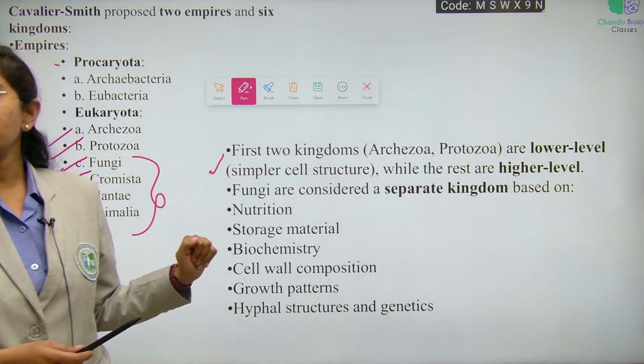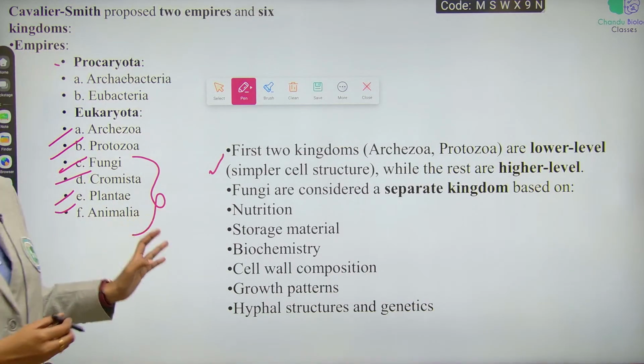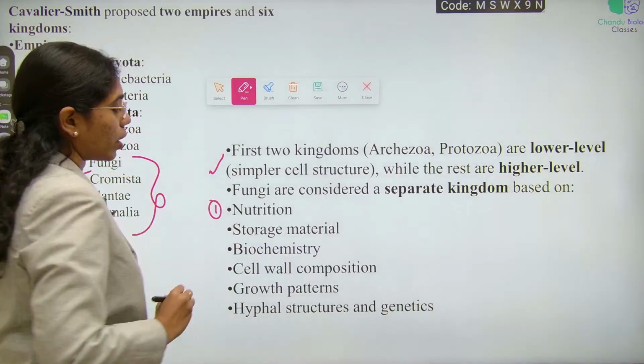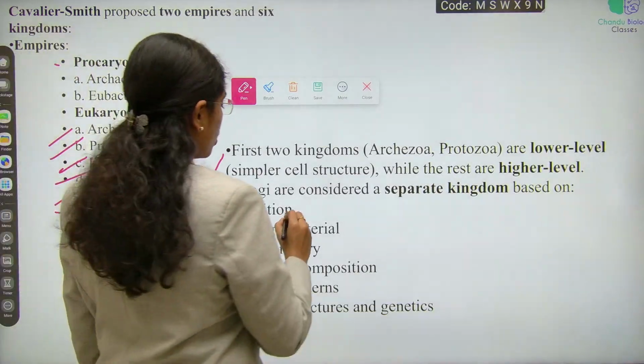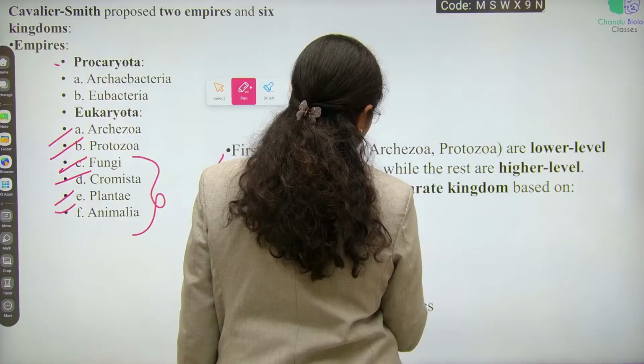Fungi is considered a separate kingdom on what basis? First is nutrition. Nutrition in fungi is purely heterotrophic.